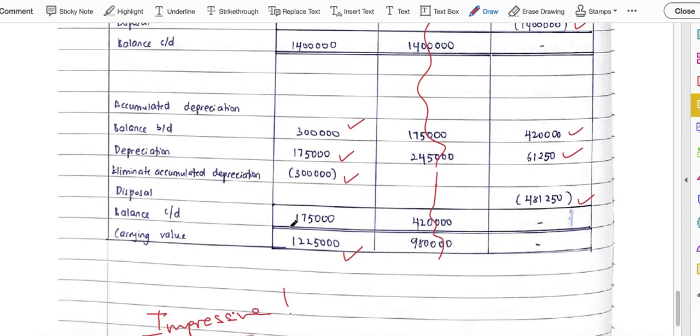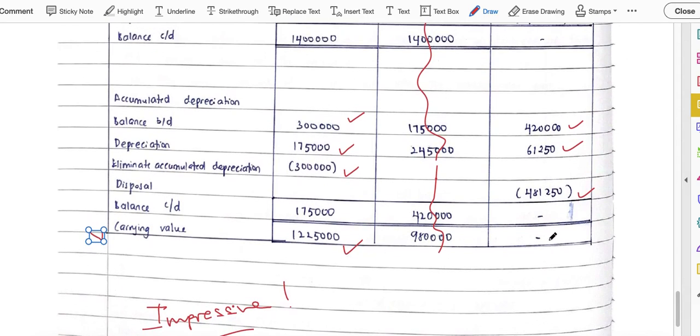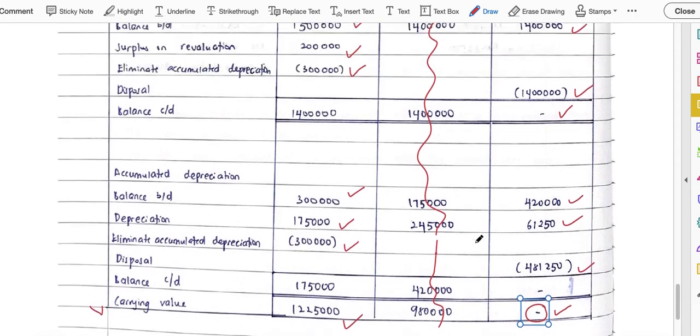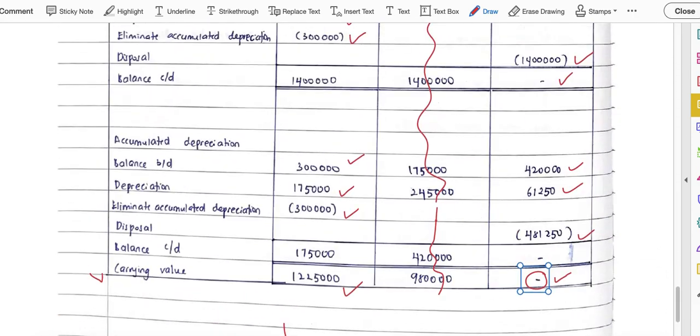So make sure in the end you must get this carrying value. Even if you get 0, you still have to show this dash, or you put it as 0. It's very important. I think that's all for that. Thank you.